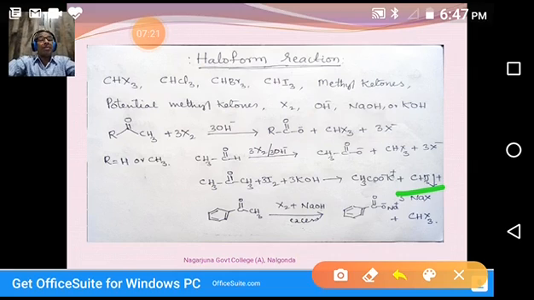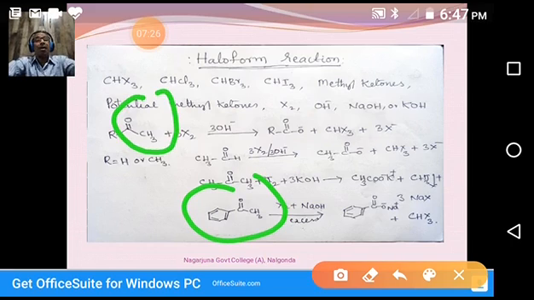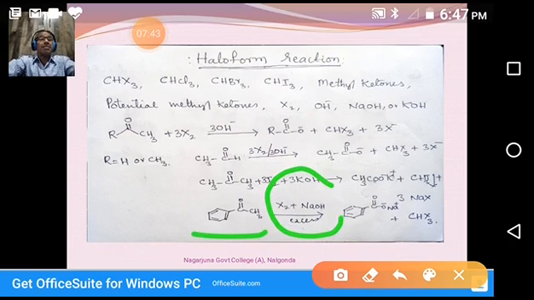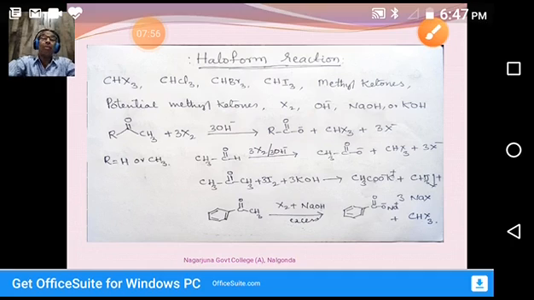We'll discuss another example, acetophenone. In the methyl ketone, in the place of R, we have taken phenyl. That is acetophenone, phenyl methyl ketone. This phenyl methyl ketone, with excess halogen and NaOH, gives sodium benzoate and haloform. These are the different examples of the haloform reaction. So what is the haloform reaction?